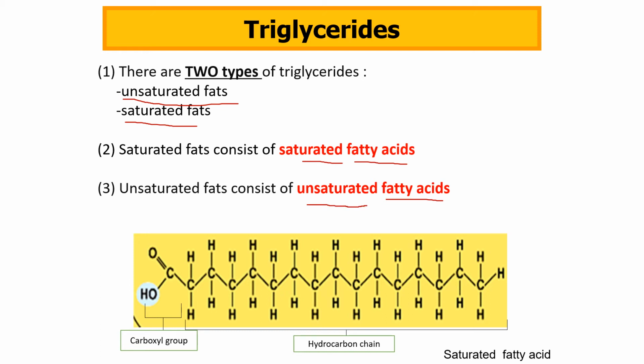The basic structure of a fatty acid is composed of a carboxyl group and a long hydrocarbon chain. In the hydrocarbon chain, there are many CH bonds. CH bond is a non-polar covalent bond.